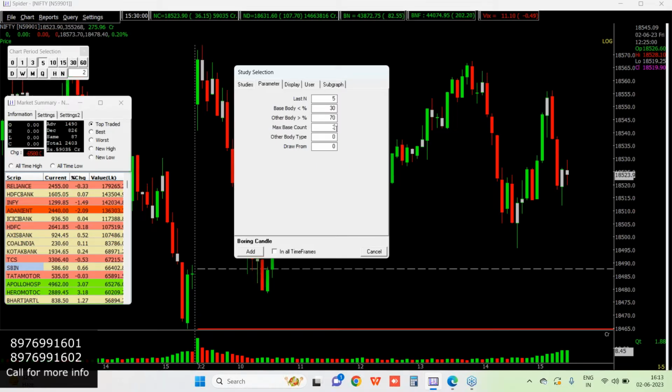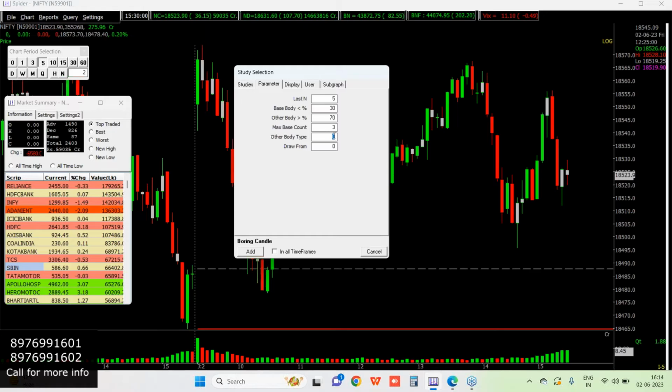Right now you can see the price structure of demand and supply that we studied is added in the other body type. How can we define it? In the other body type, you can see the type is 0, which means it takes all 4 conditions of the price structure.